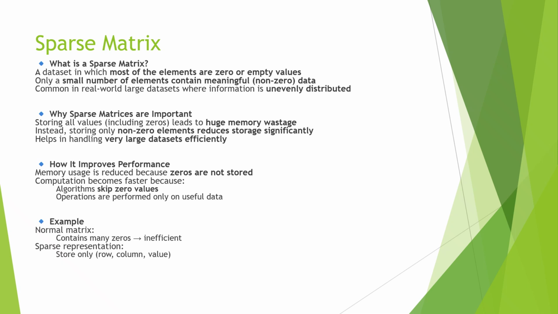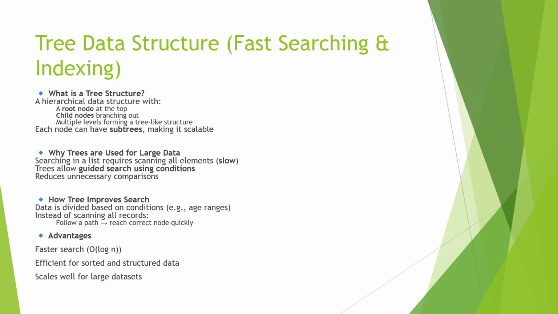Since zero values are ignored, algorithms can focus only on the meaningful data, resulting in faster processing. For example, instead of storing an entire matrix filled with zeros, a sparse representation stores only the row index, column index, and the corresponding non-zero value, making it much more efficient for both storage and computation.